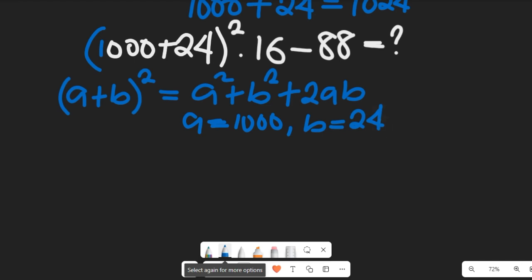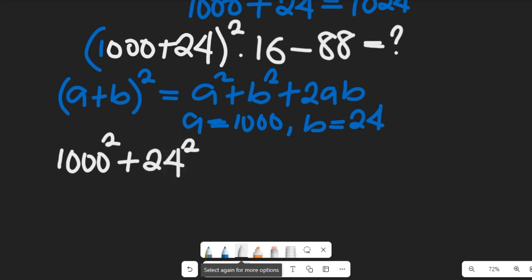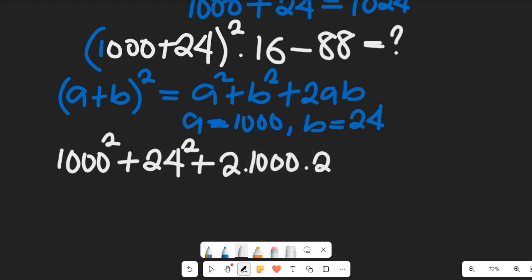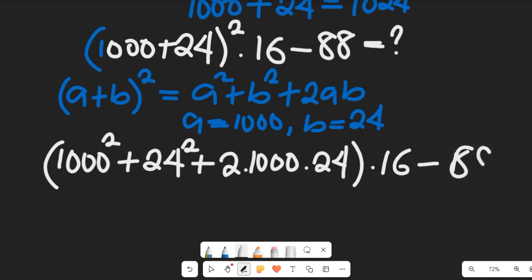So if I expand that, I'm going to have that expression to now give me 1000 square, which I can easily expand, plus 24 square, which I can also easily expand, plus 2 times 1000 multiplied by 24, and all this will be multiplying 16 minus 88, and this will be equal to what?